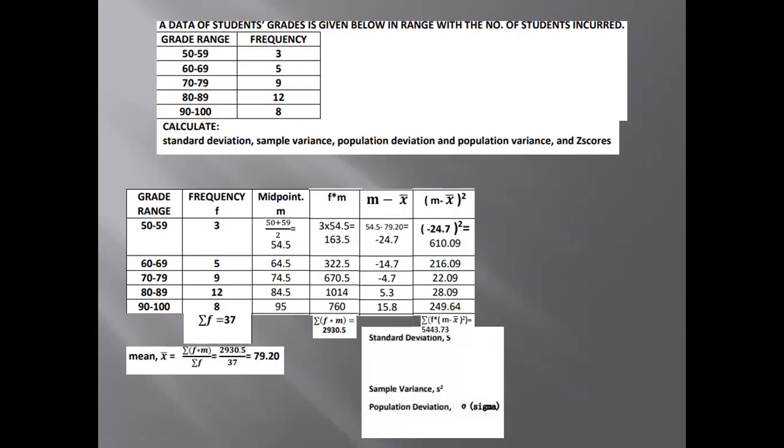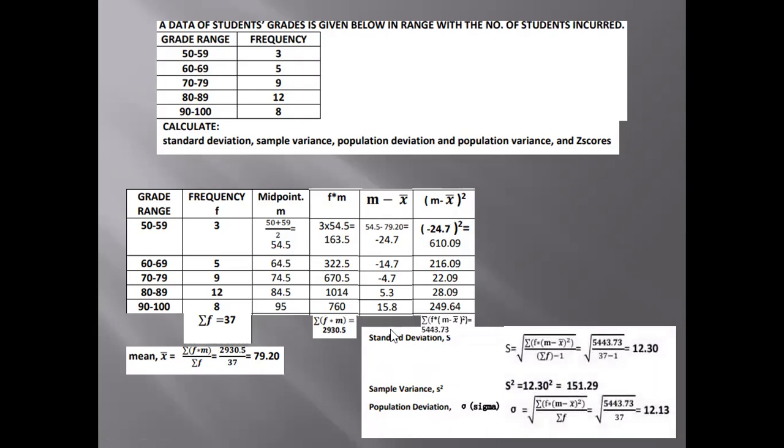Now the solution proceeds with the standard deviation, sample variance, population deviation, and population variance. To determine your standard deviation, s is equal to the square root of 5,443.73 all over 37 minus 1, which simplifies to 12.3.